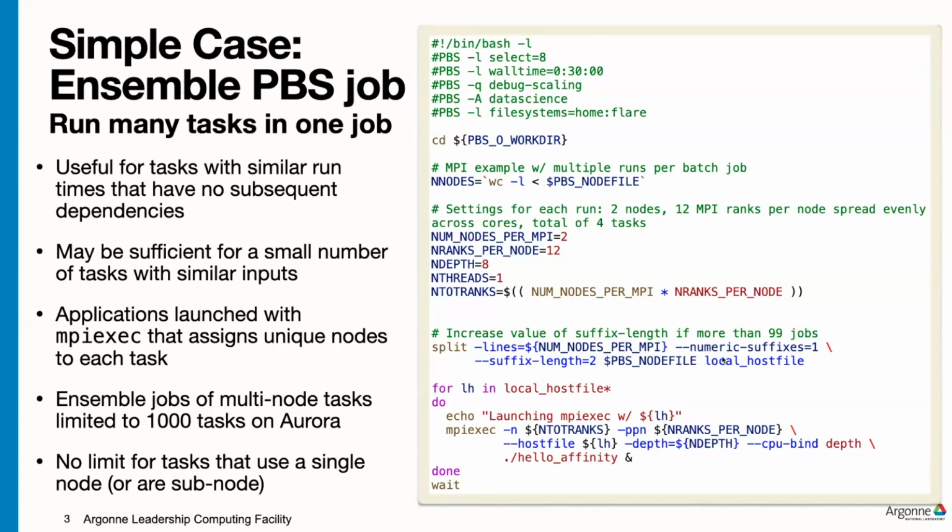They have a name that begins with localhost file. And so what you then do is you loop over your localhost files, and for each localhost file, you run an instance of your application launched with mpiexec.